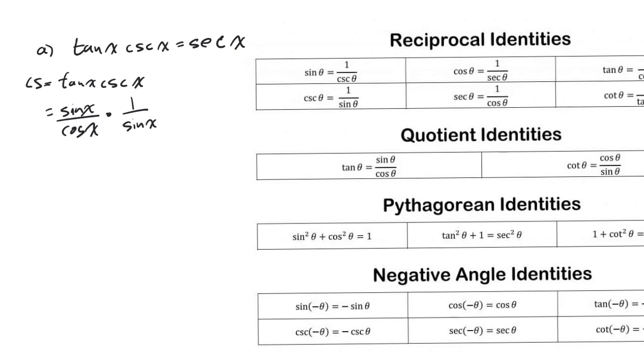Now, sine x cancels with sine x, and then we're left with 1 over cosine x, which is the same as, if you look here, sec x is equal to 1 over cos. So this means 1 over cos is this.